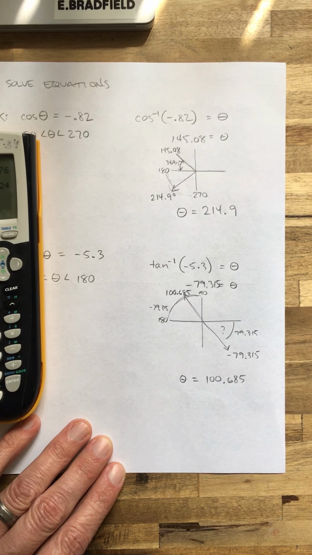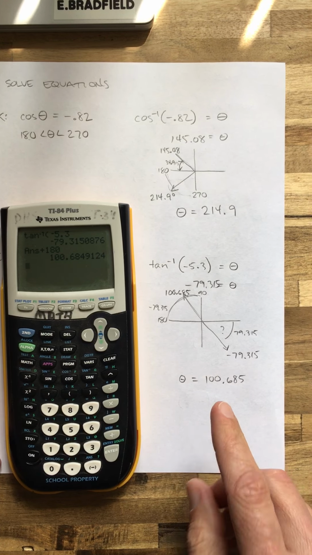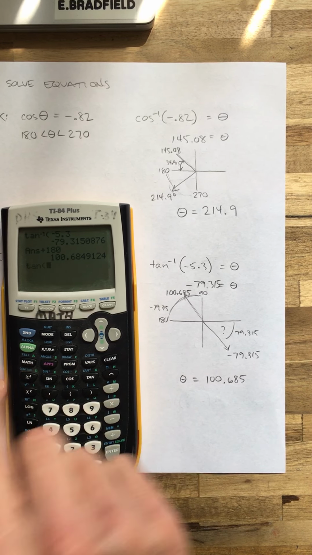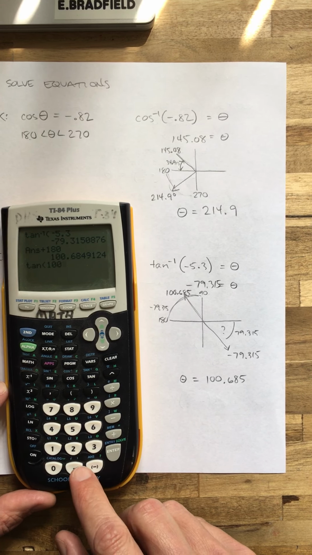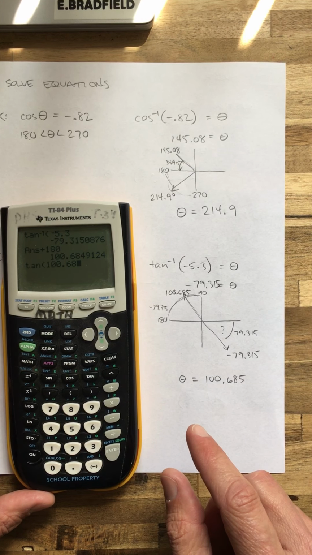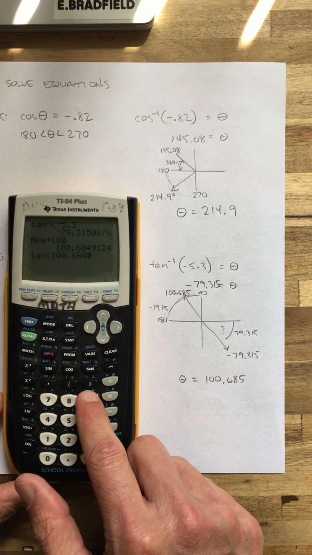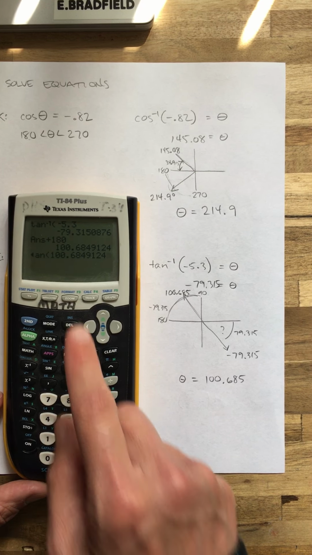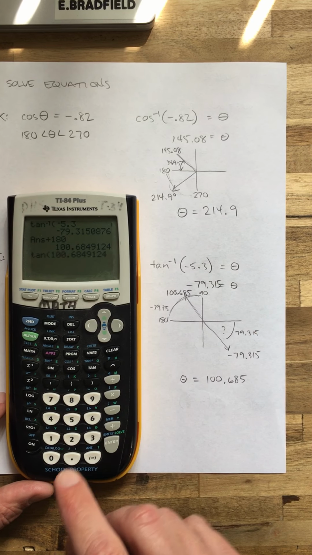Now if you don't believe me, remember, if I go backwards and take the tangent of 100.685, shouldn't I get negative 5.3? Let's see.